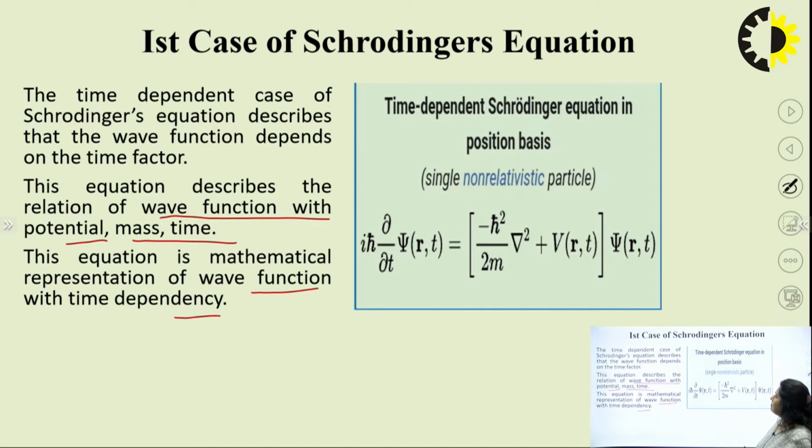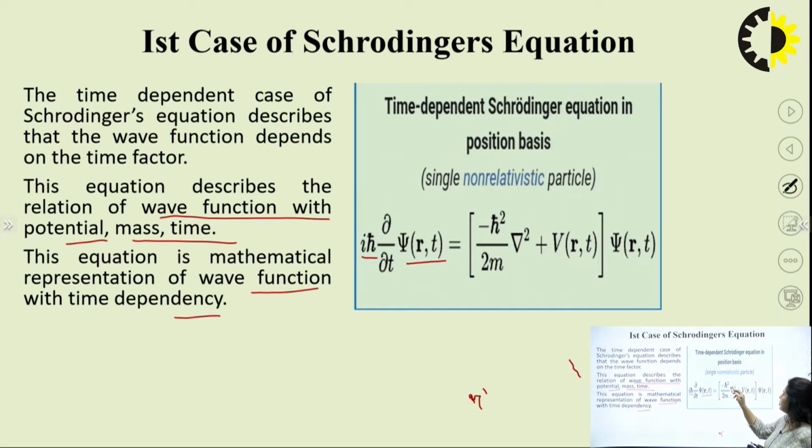So if we solve the Schrodinger wave equation and put some assumption there to remove the position dependency, there will only be a time dependency, and we will get this relation: i h cross del by del t psi(r, t), where r is the position and t is the time, but this position factor of the wave function depends only on the time function.